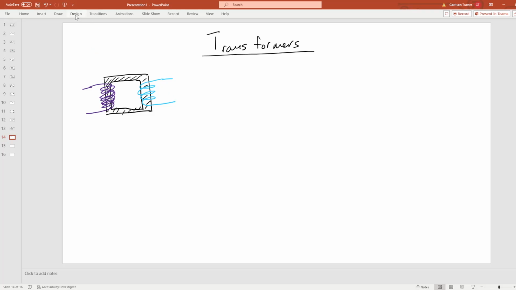Okay, now suppose that I have an AC signal of current in this wire. So my current is just constantly reversing directions, right?